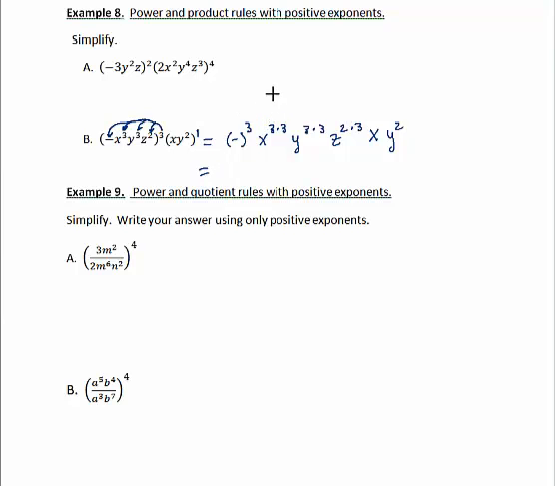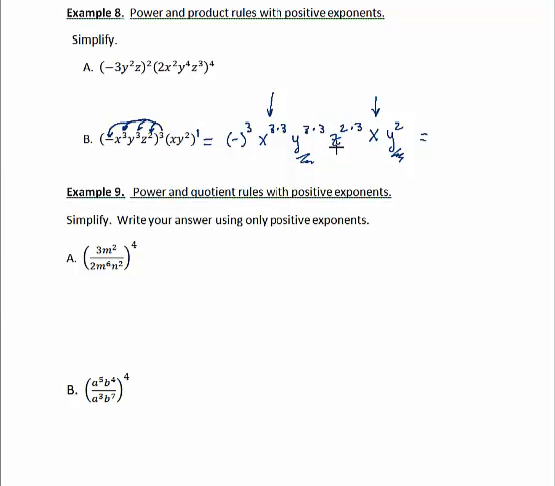Alright, so now we combine the x's according to the exponential rules. We combine the y's. And there's only one z, so nothing's going to happen with it past the product rule.